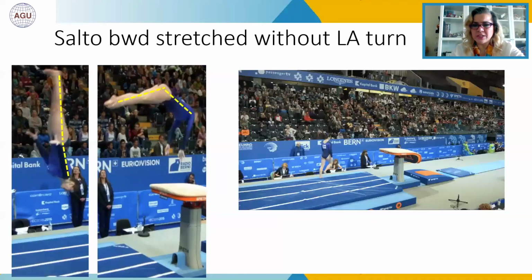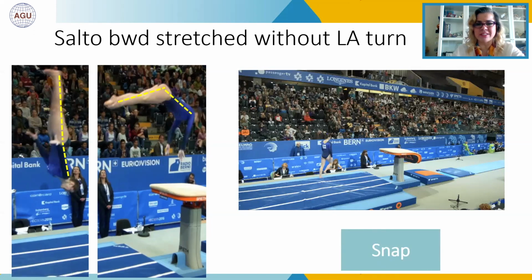As you could see here, she had the stretched salto, but with a snap, as you can see the flexion of the hip, but later on she opened it again while in inverted position. Okay, so we consider it salto stretched, but with a snap.